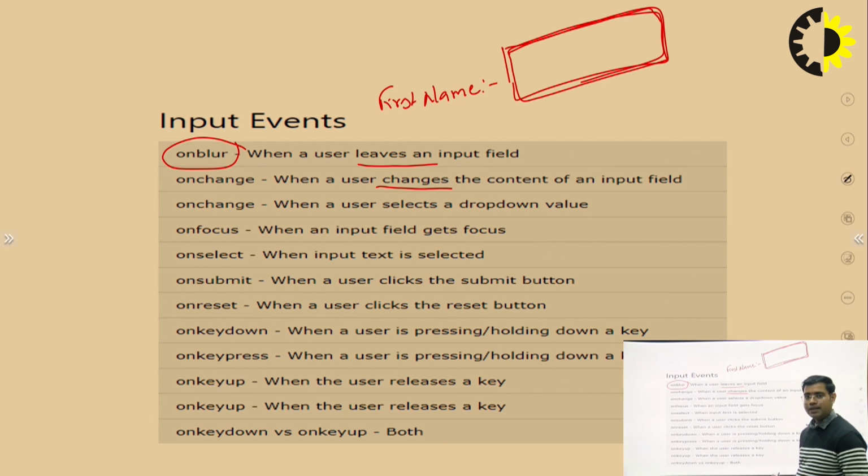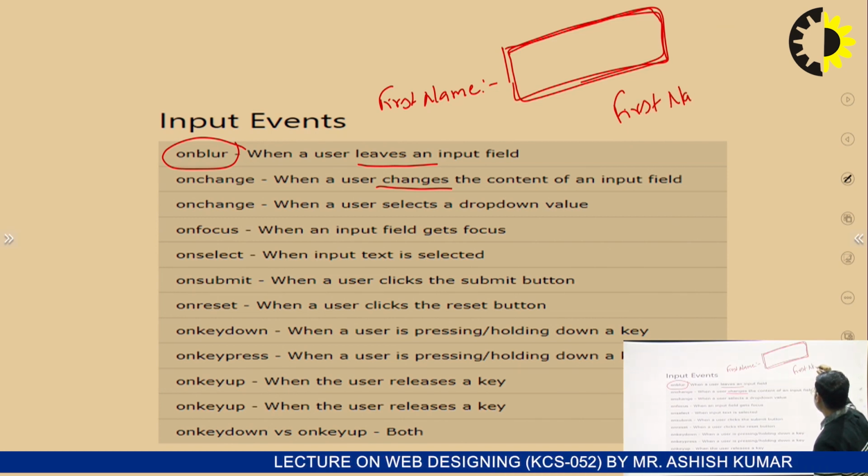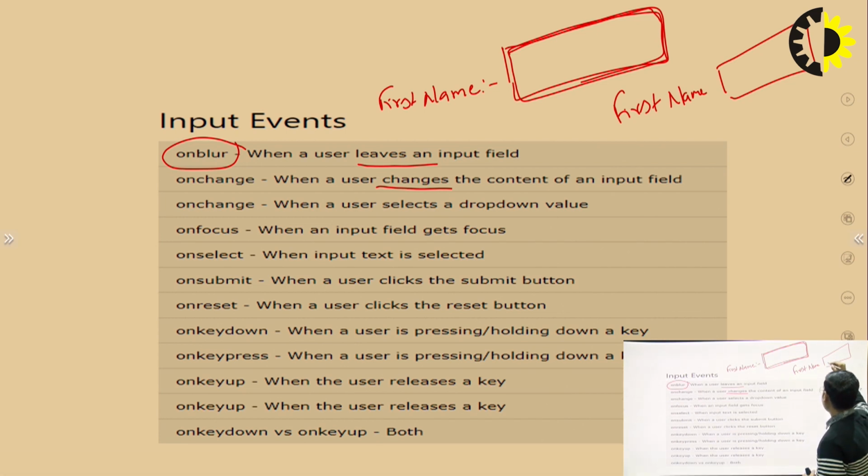So let us take an example. Suppose here you can enter the first name of a person, okay? So this is the text box in which the user can enter his first name, like XYZ.